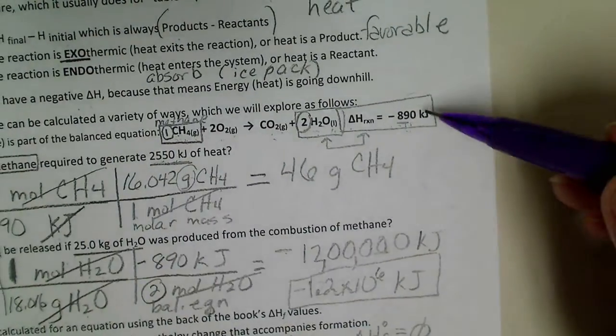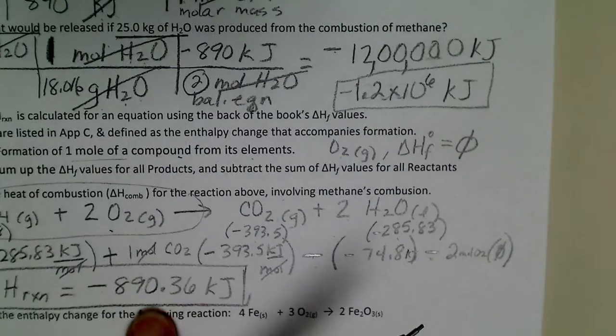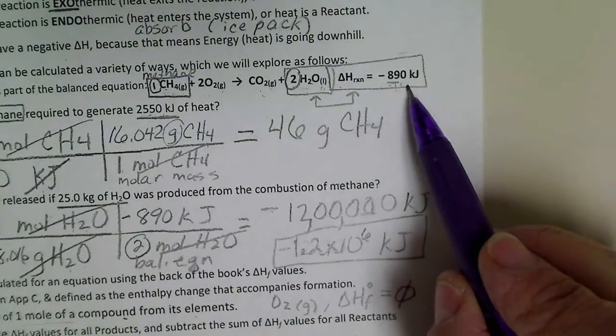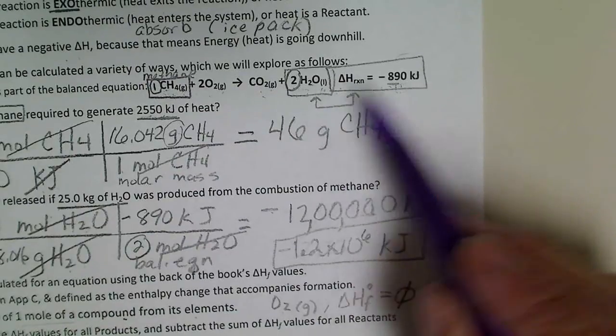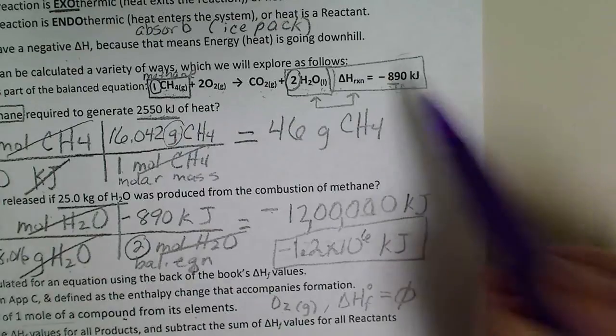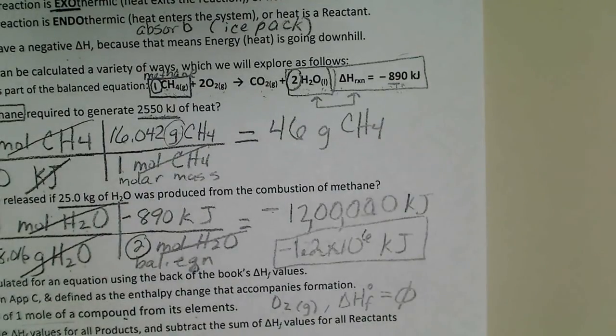So the fact that we were given this amount and the fact that we calculated that same amount is not a coincidence. If we have a good author of a textbook, they'll make sure that every balanced equation will have the correct value for the heat that would be exchanged during that process.